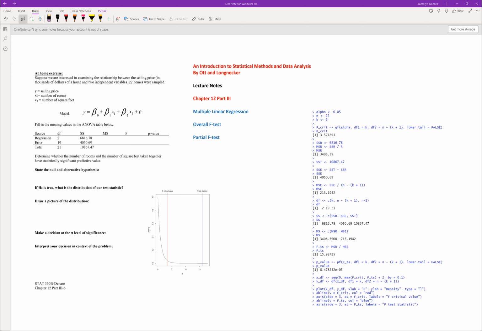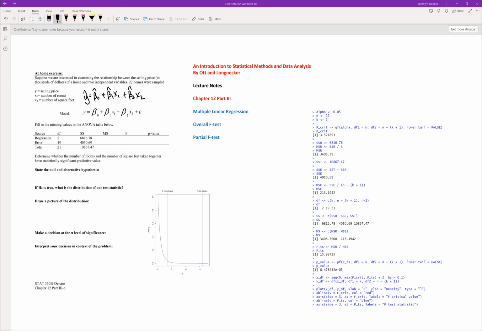So in this case, K equals 2. The number of parameters that we're estimating is equal to 3, because we will end up creating a model where Y hat equals beta 0 hat plus beta 1 hat X1 plus beta 2 hat X2. Okay, so we have our degrees of freedom equaling K, n minus (K plus 1), and n minus 1.